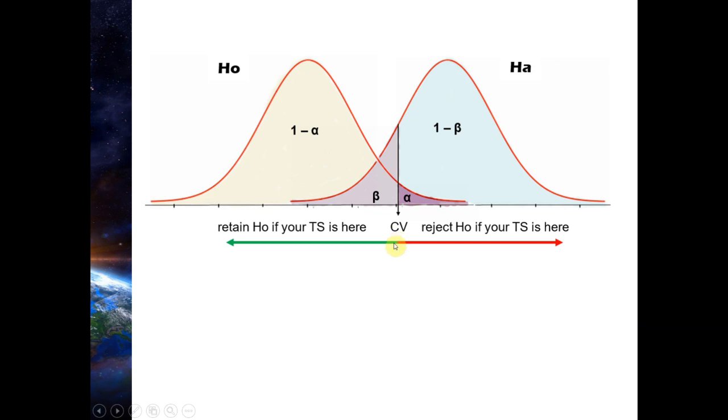All right? Okay, so here's our HO. What's the first thing we do? Well, if we had SPSS, we wouldn't be doing this at all, right? SPSS, remember, gives us the exact probability of making a type 1 error. It tells us exactly what the probability is for our test statistic. And so as long as it's less than 0.05, we go ahead and reject HO, and we never need to look at these pictures.